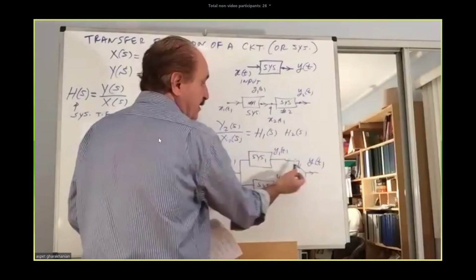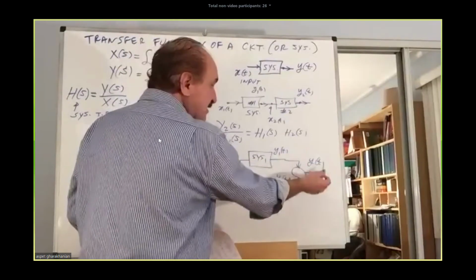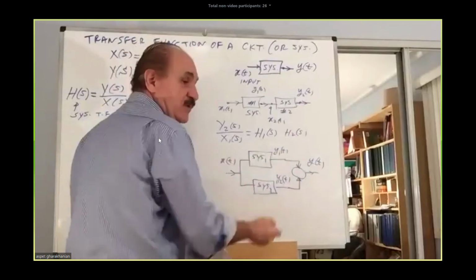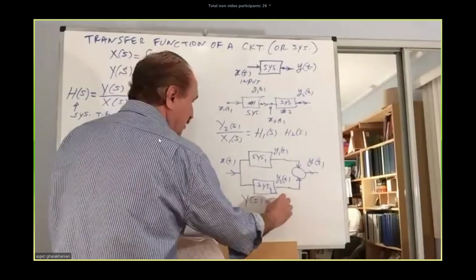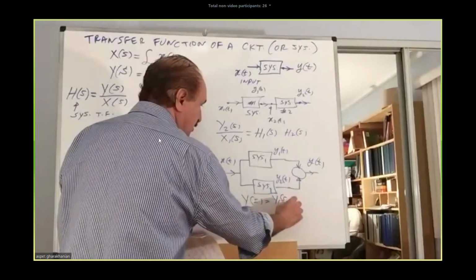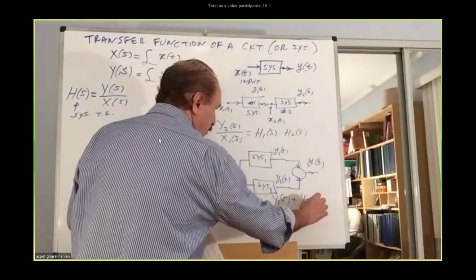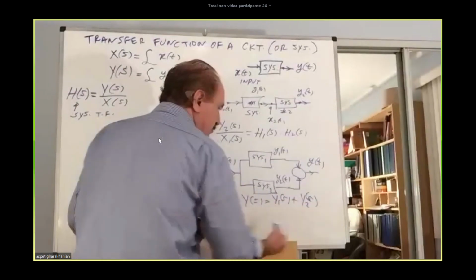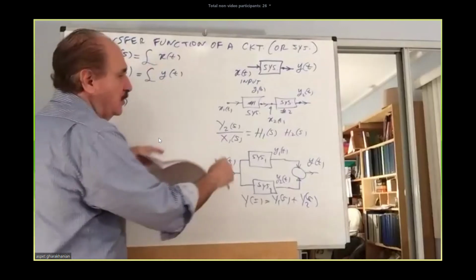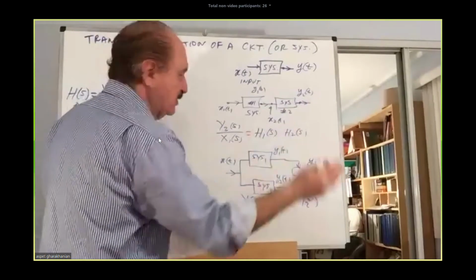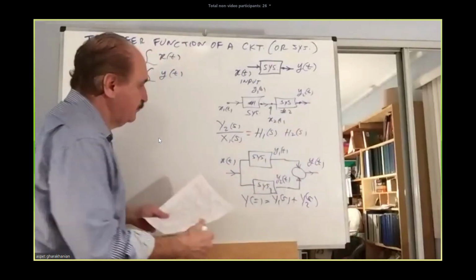Therefore, if y of t is the sum of the two, y of s will be the sum of the Laplaces of the two functions. You can say that. y of s is equal to y1 of s plus y2 of s, because Laplace of a sum is equal to sum of the Laplaces of the individuals, with that property.